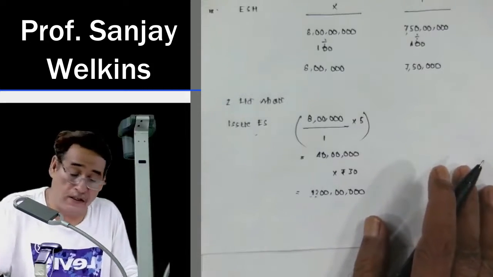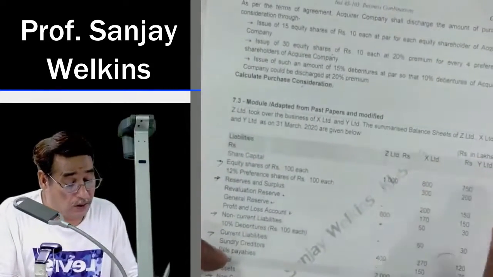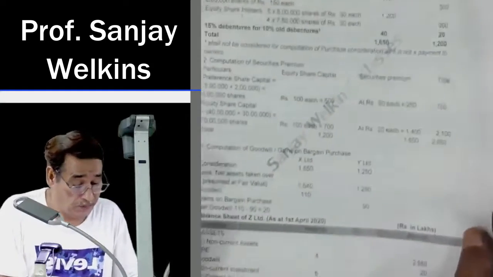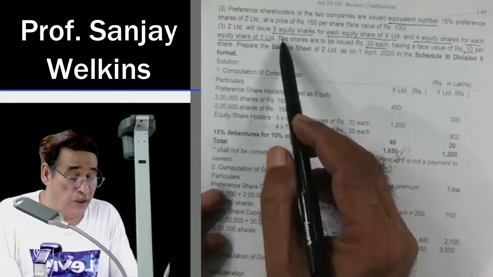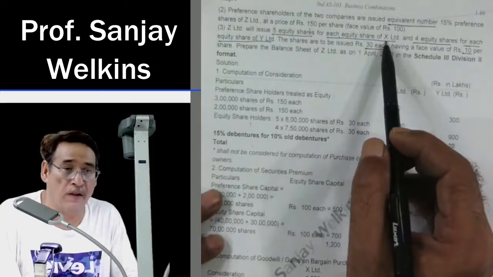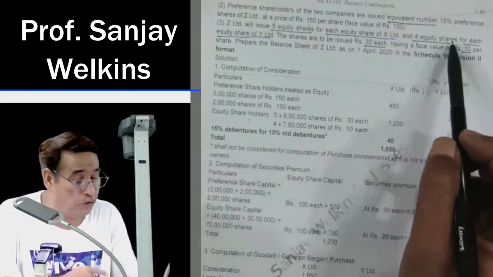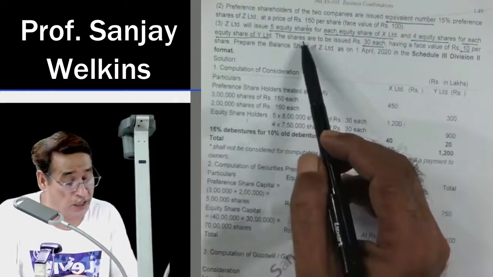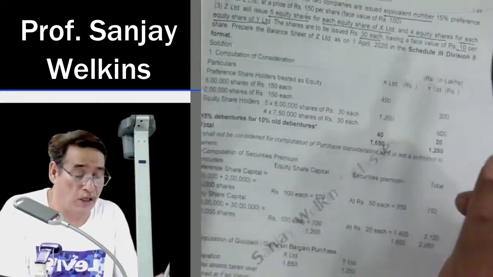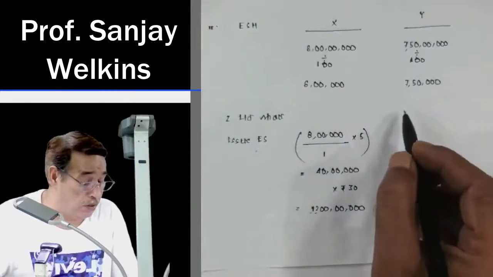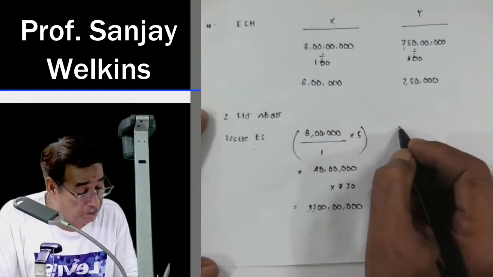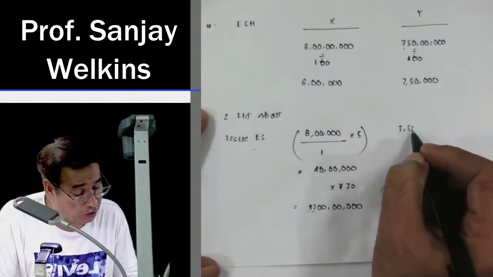It is written here. Here is the sheet. Z Limited will issue 5 equity shares for each share of X Limited. And similarly, they will offer 4 equity shares for each equity share of Y Limited, and the shares will be issued at the rate of 30 each, even though they have a face value of 10 each. Correct? So, similarly, we can compute the payment for the equity shareholders of Y Limited. 7,50,000 is their total shares.